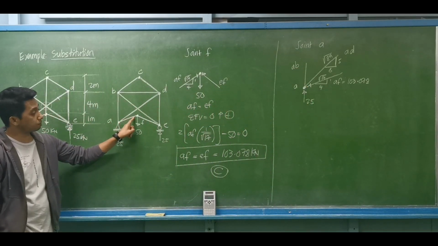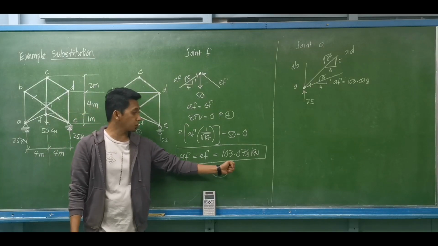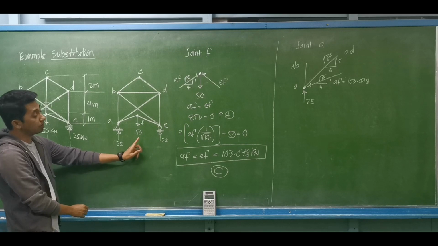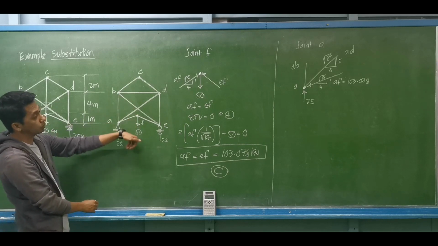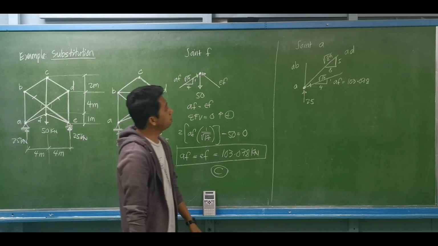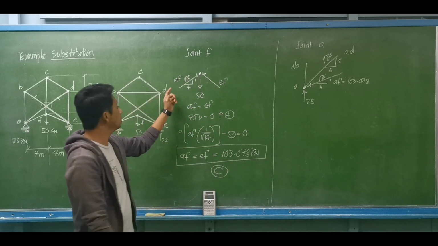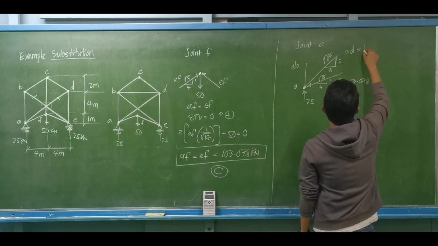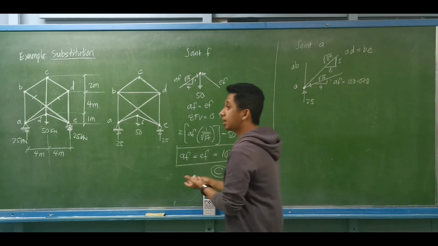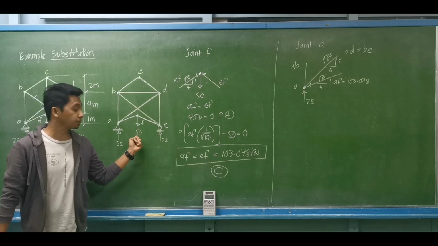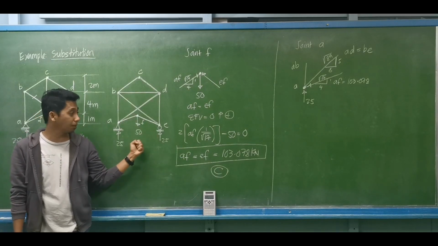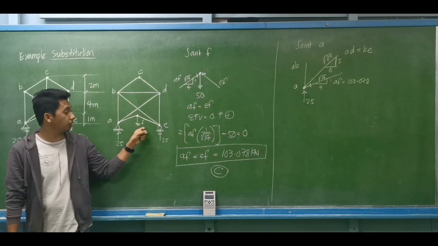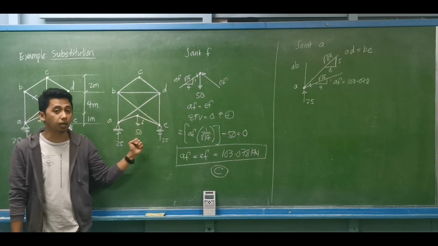We have AF, which we computed earlier as 103.078. At joint A, take note, we have a support reaction of 25 kilonewtons, which is a downward load. Then we have member AB and member AD. Member AD is similar to member BE. Why do we say it is similar? Since the load is midway of this truss. Just in case we have other loads other than 50, the two would not be equal.